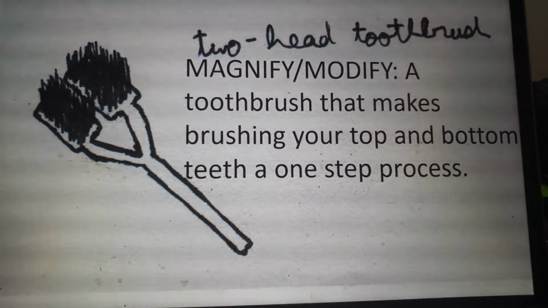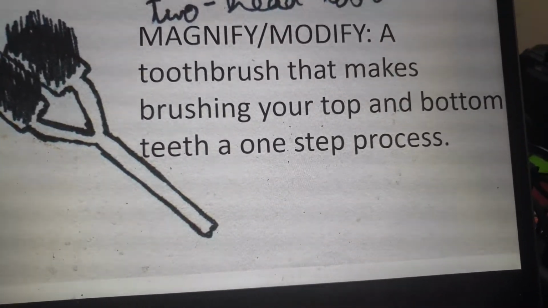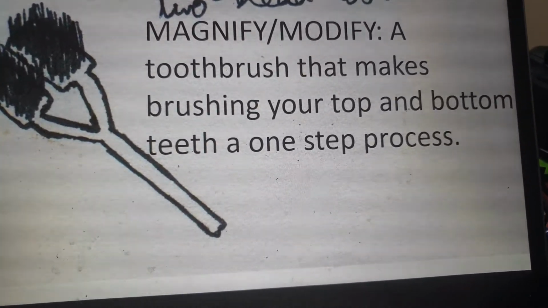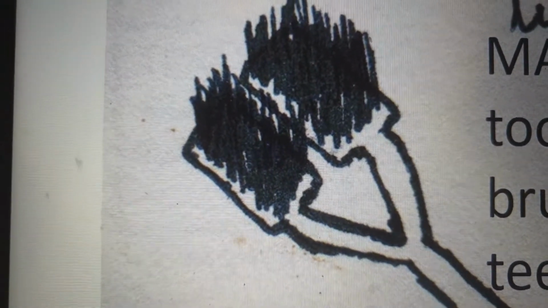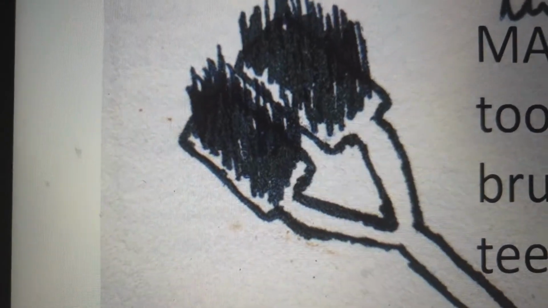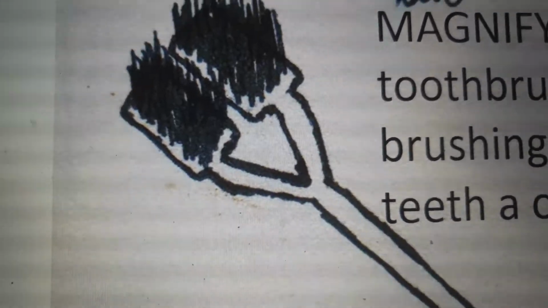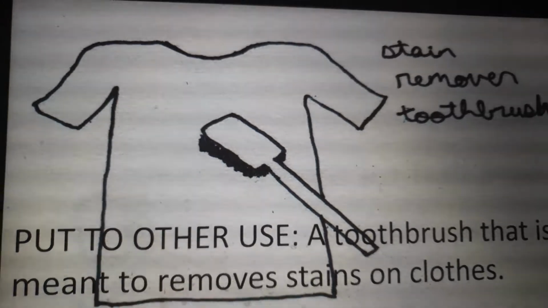Yes, magnify or modify a toothbrush that makes brushing your top and bottom teeth a one-step process. Look at them. They are combined so that instead of using just one brush to brush the bottom and the top teeth, you magnify it so that it does both jobs in one go.